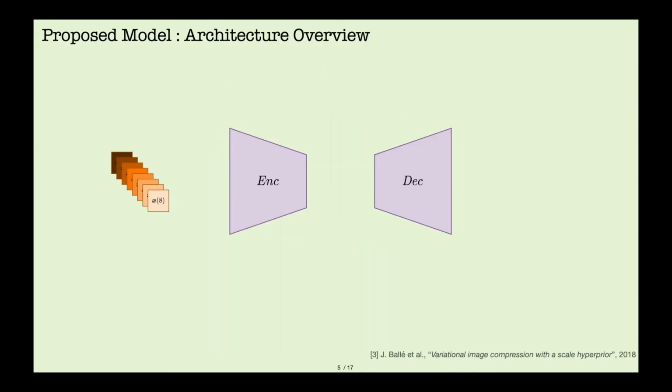The overall structure of our model is that of a simple autoencoder consisting of an encoder which takes as input the 8 views of the input row and performs a nonlinear analysis transform to map the input to a lower dimensional representation, followed by the usual steps of quantization and entropy encoding.